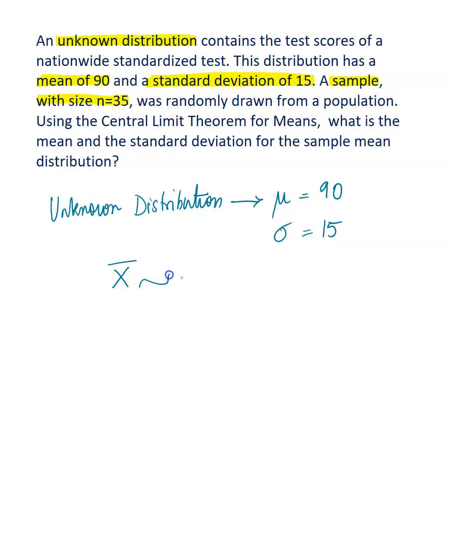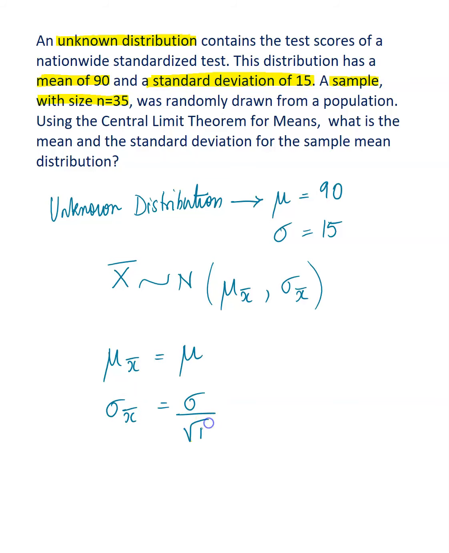The sample mean distribution is distributed normally, as mu x bar and sigma x bar. And we just saw that mu x bar is the same as mu, and sigma x bar will be sigma over root n.